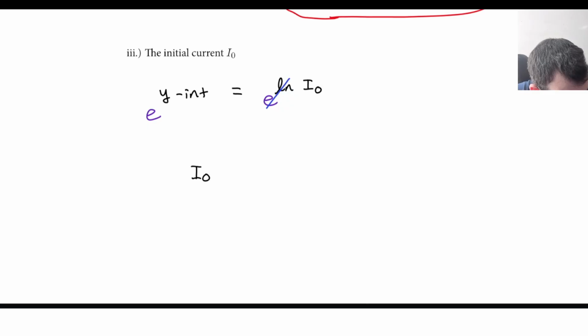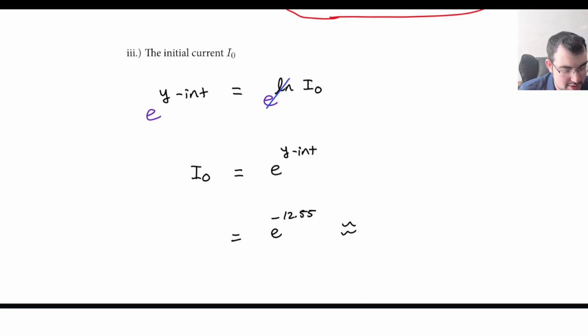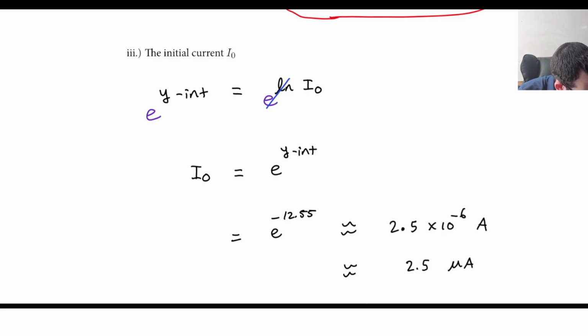This means that I0 is equal to e to the y-intercept, and that's a really weird looking equation. So I get e to the negative 12.55. And if you plug this in, you get a whole bunch of zeros, but I got 2.5 times 10 to the minus 6 amps, which is roughly 2.5 microamps. And with that, we are finally done with our RC circuits.